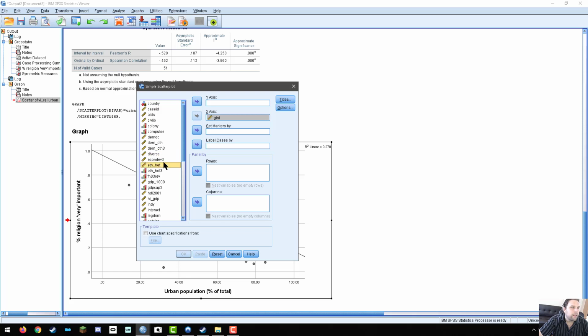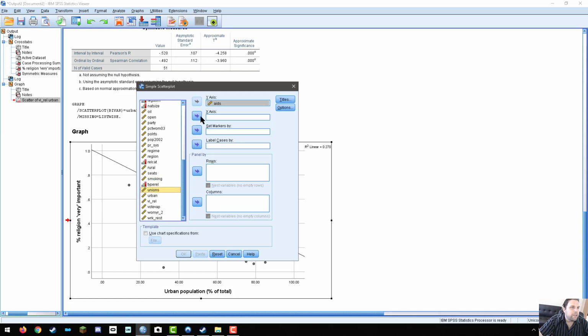I don't actually know if that's a good variable. Let's look at AIDS cases. I mean, there's probably a relationship there. It'd probably be inverse, though, so never mind about that. How about unions and if that affects the population of a country?